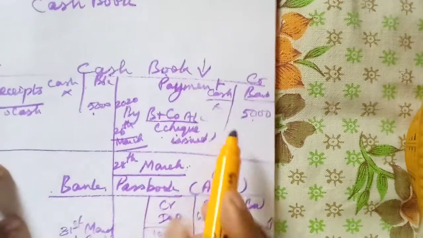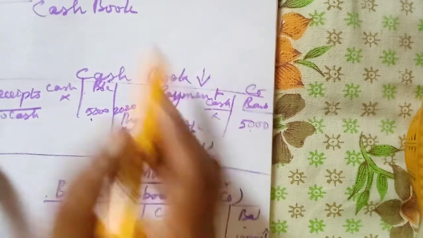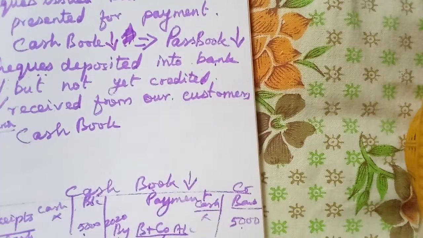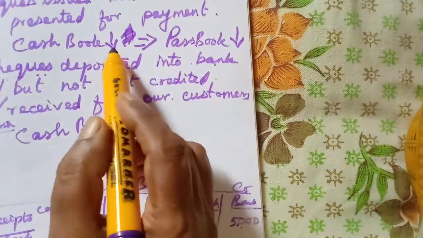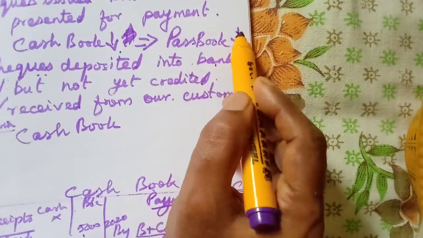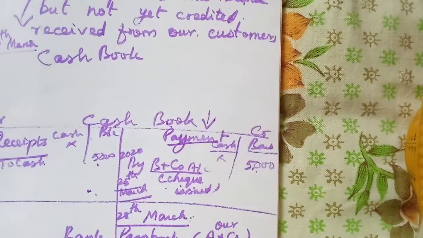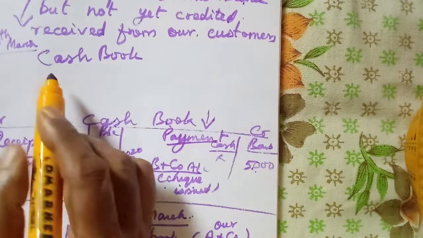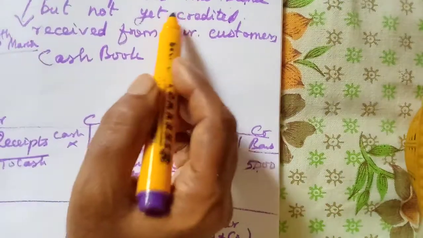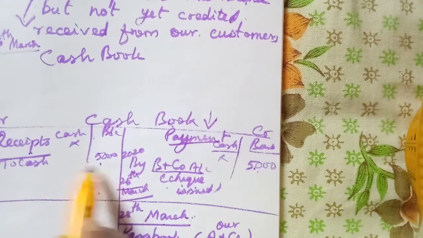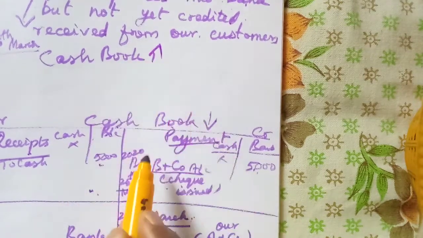Here check issued, see here it will reduce the amount. Sorry students, when we issue a check, it will reduce our cash book balance. If we enter more payment, it will reduce. The bank passbook will show more balance. Here, when we enter the checks deposited on the debit side, that means deposit more, receive more, it will show more balance.